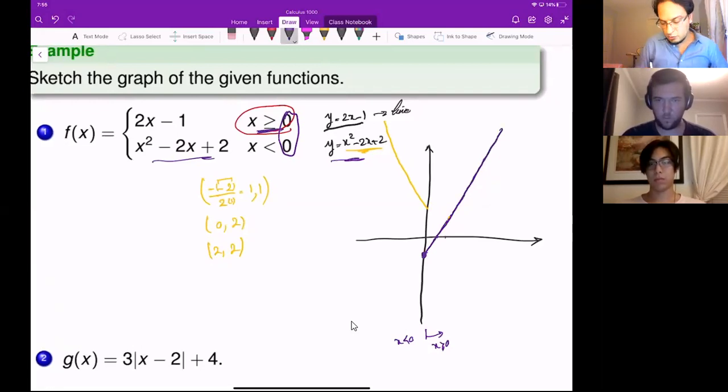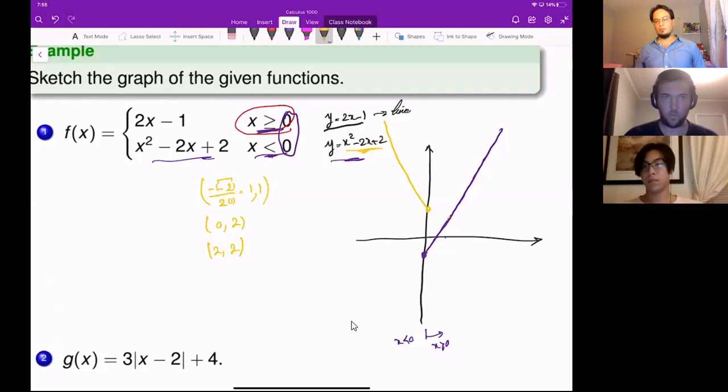But x equal to 0 is not included in the second part. That means that we won't have that point over there. So it will be just a hollow bullet there. And that's the graph of this piecewise defined function.